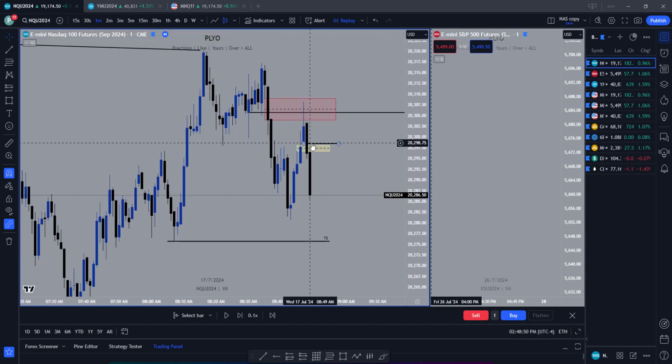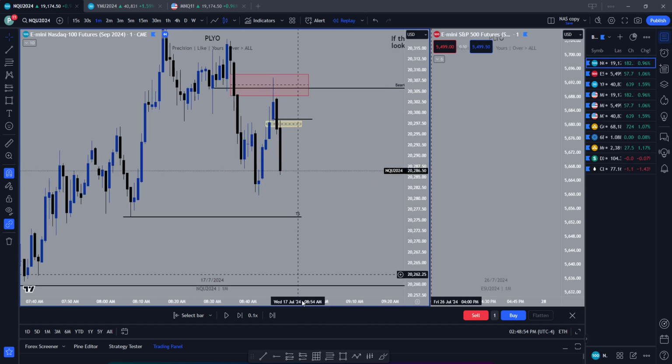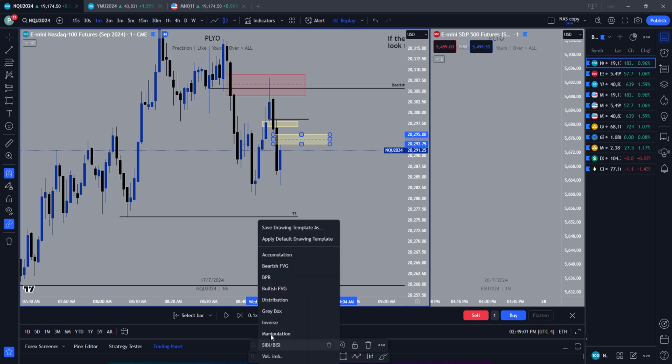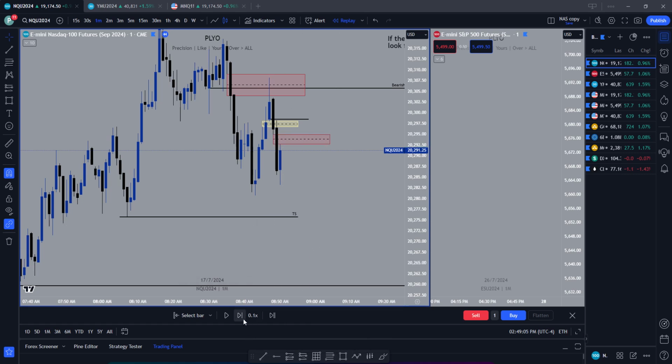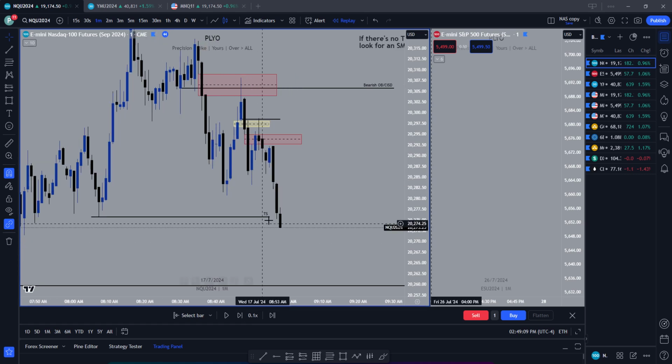Inverse, CISD, inverse, turtle soup at the high. Looks like we're going to inverse the other one, and we should get a 2022 model right there. Let's see. There you go. 2022 model holds while tapping into the inverse and the order block.